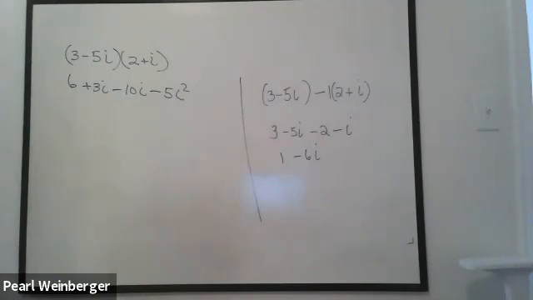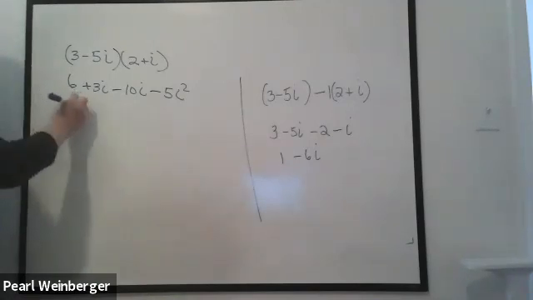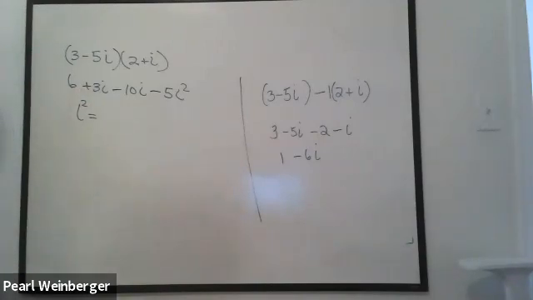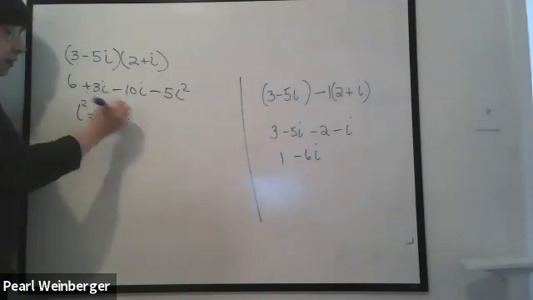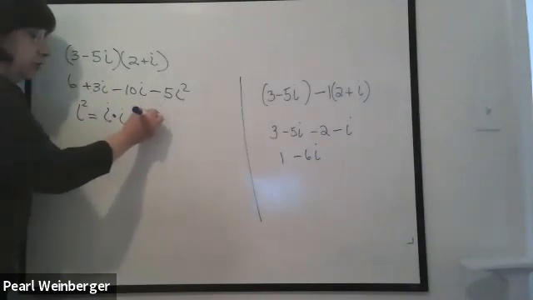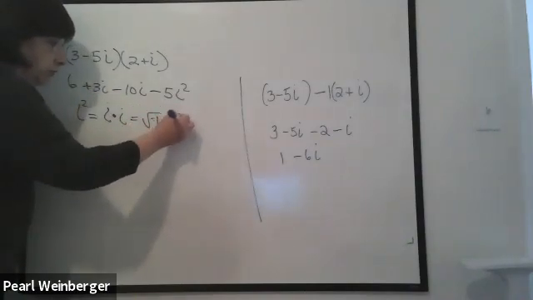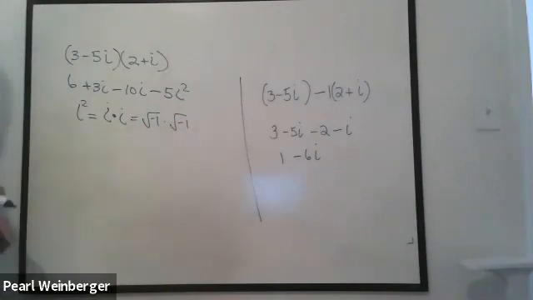And I have to make a comment about what i squared is about. Now, if you think about i squared, what it means is obviously i times i, which means it's the square root of -1 times the square root of -1. Because i is the square root of -1.